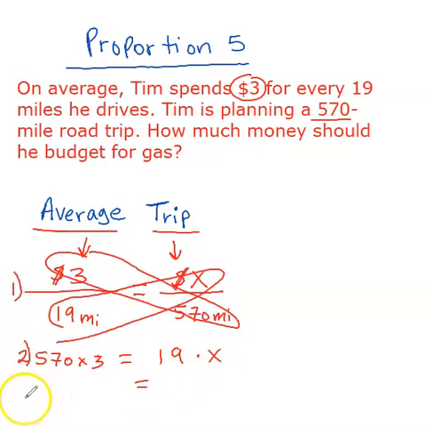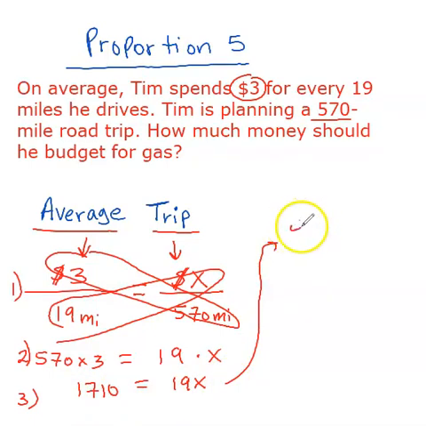Step 2, 19x is equal to 570 times 3, which is 1710. And then step 4, bring it up here. When you have 1710 is equal to 19x, we're going to divide both sides by 19.